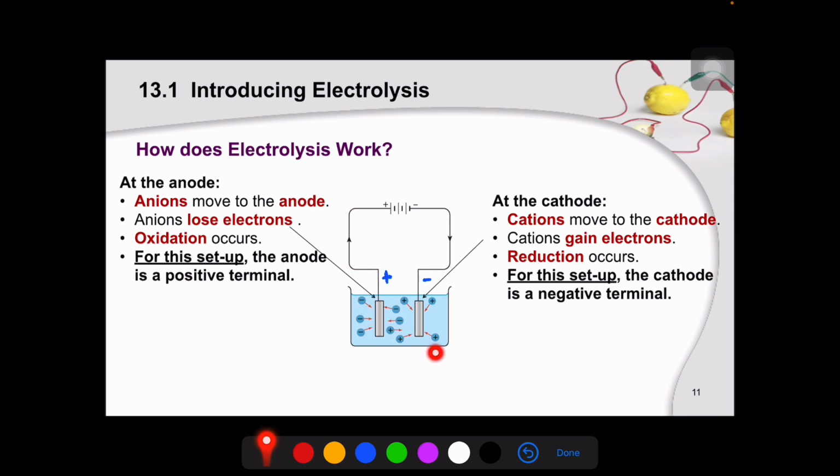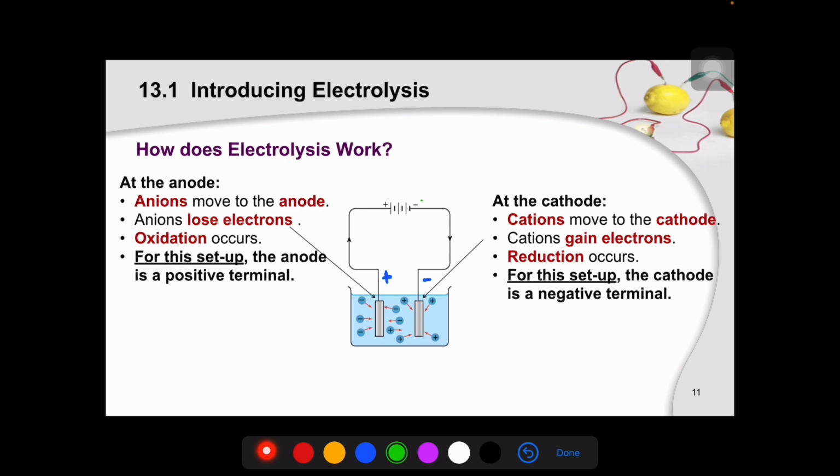At the cathode, which is the negative one that's shown over here, what will happen is that the cations, which are the positive ones, will be attracted to the negative electrode. And when they go over there, they'll gain the electron, that's where reduction happens, and then there's a chemical reaction. So, how does all these things take place?